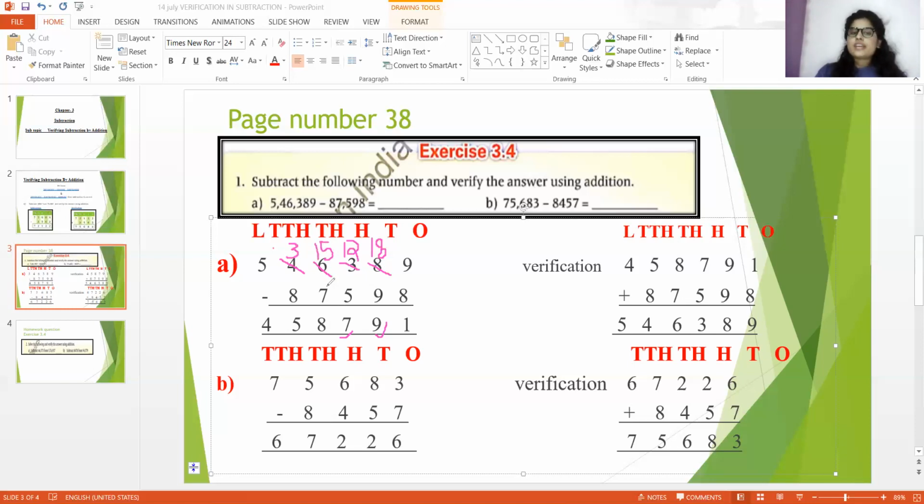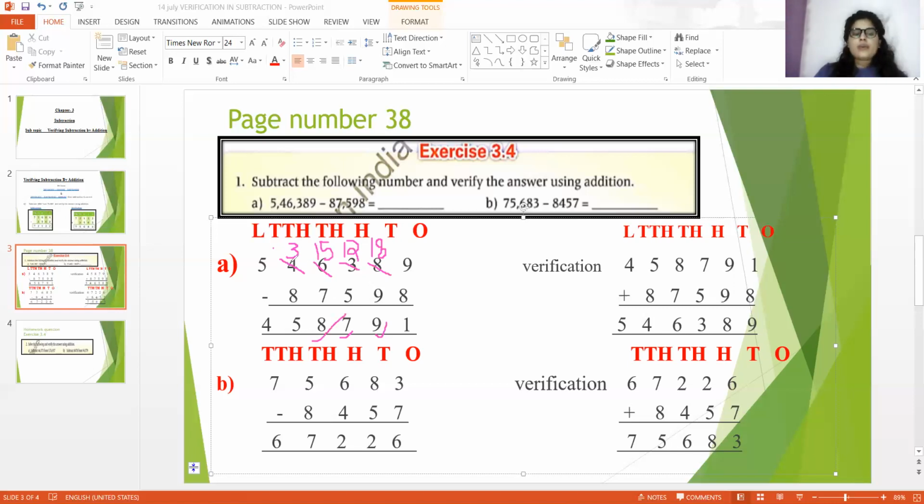Now take away 7 from 15. If I take away 7 from 15, then 8, 9, 10, 11, 12, 13, 14, 15. Now count 5, 6, 7, 8. So I will write here 8.